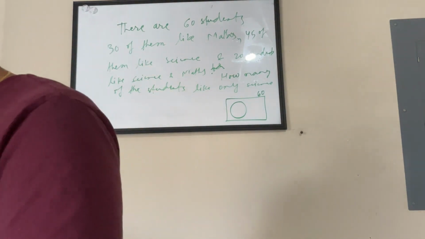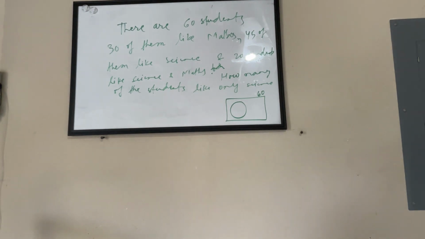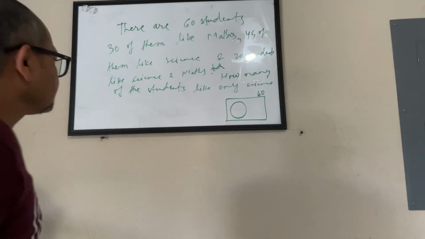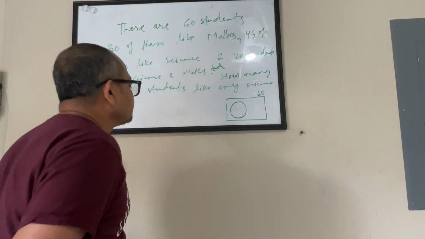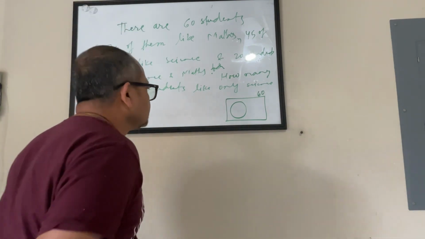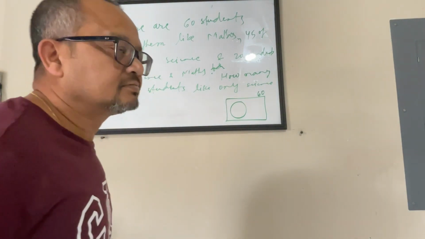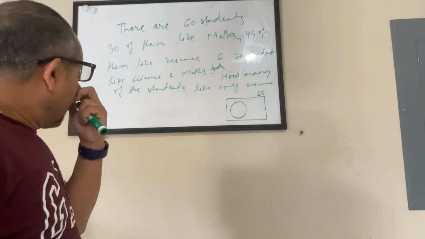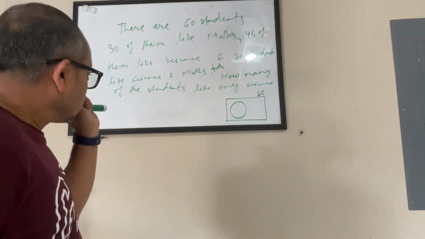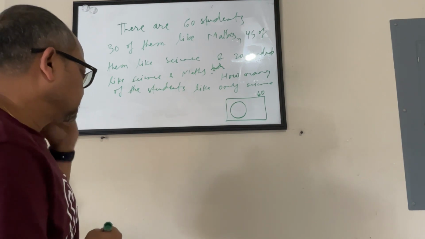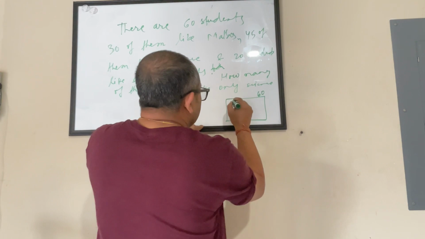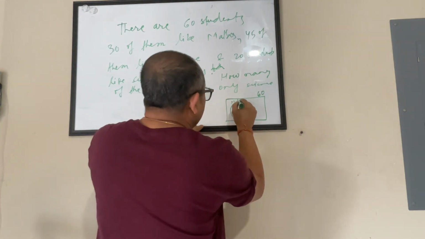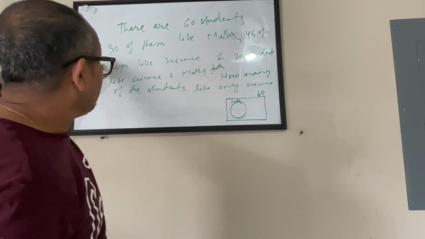Now you use the same clue and try doing it. Now let's say this is my group of students liking math. 30 of them like maths.